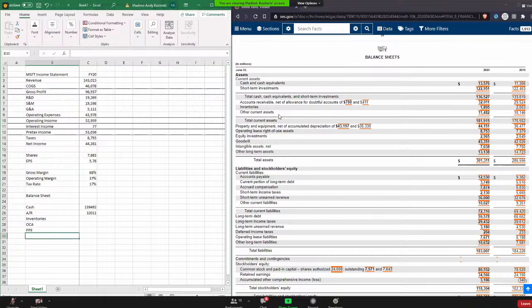We'll just leave it as its own category, operating assets, I guess. Okay. Goodwill. Intangible assets. Other long-term assets. Okay, let's put it all in.